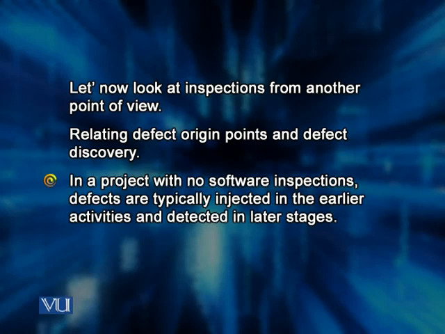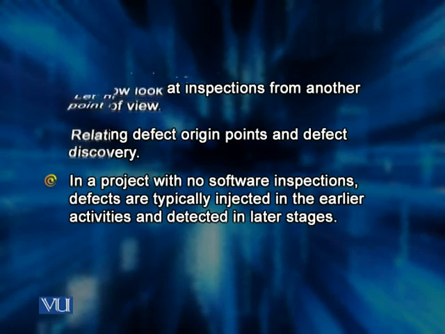In a project with no software inspections, defects are injected in every software activity. They're injected in requirements, they're injected in design, they're injected in coding, they're injected in testing while we are doing bad fixes, when we are preparing user manuals, training manuals, and other things.